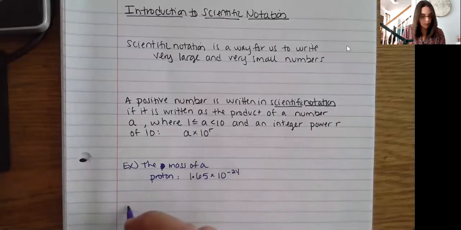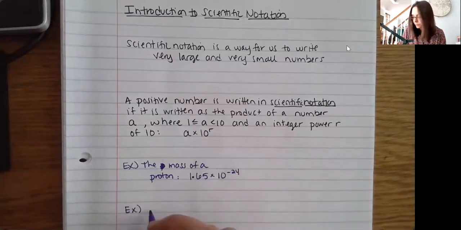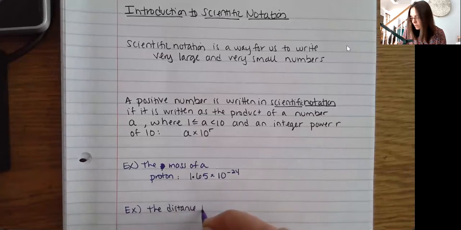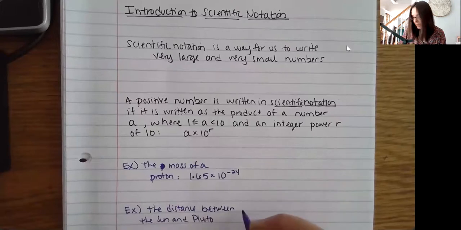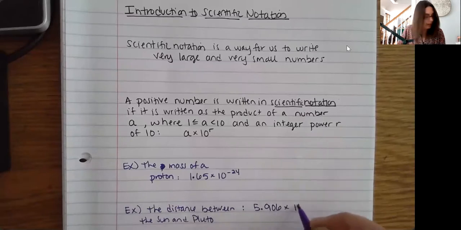Or we could write the distance between the sun and Pluto as 5.906, so 906 thousandths, times 10 to the 9th power.